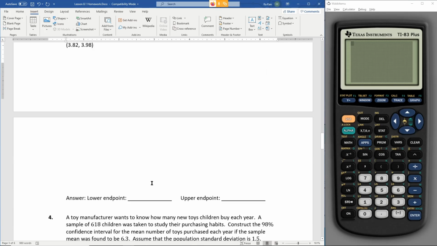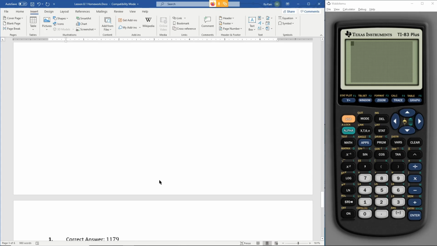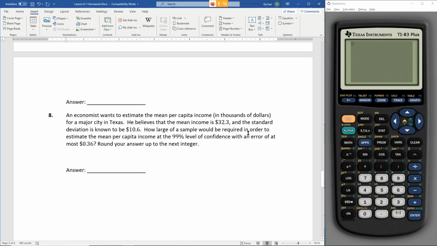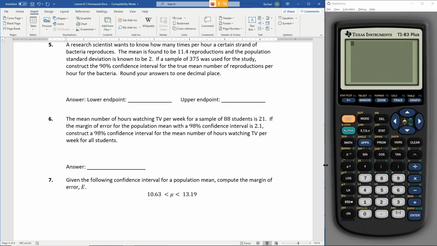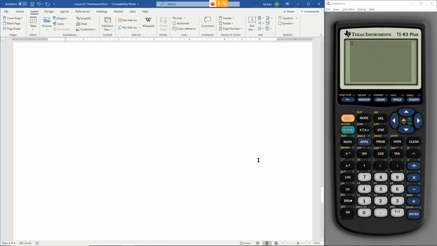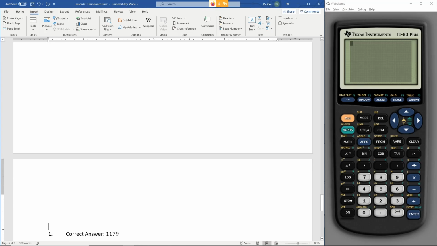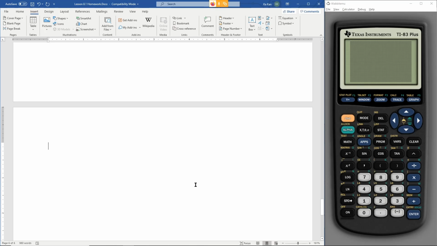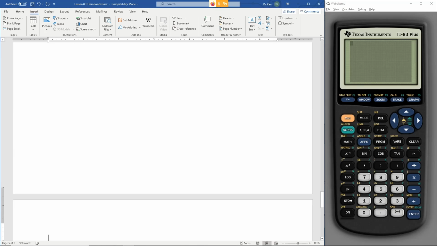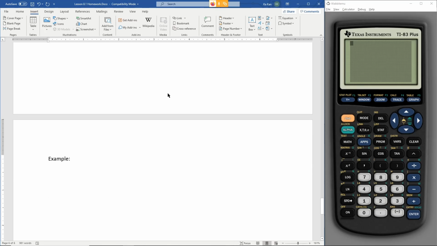Now, I want to go to a different example. So I'm gonna make an example right here. Let's just say we have a bunch of raw data.